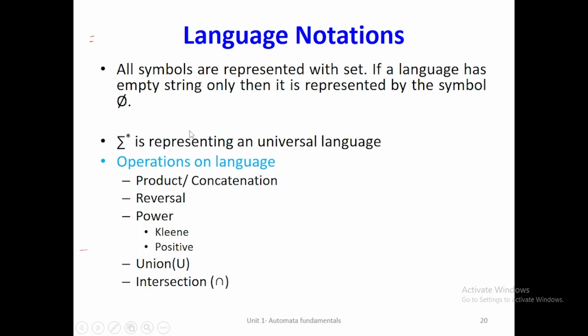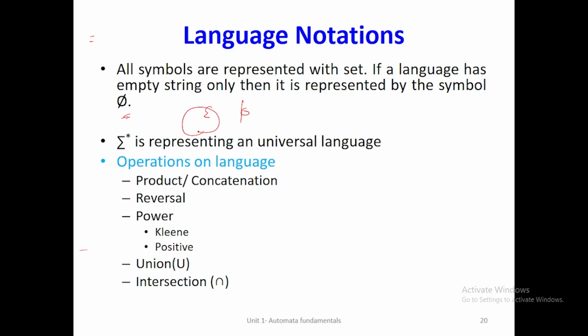If a language has no strings in a particular set, it is denoted as phi. Phi means the empty set, that is a set which does not contain even one string. So there is a difference between epsilon and phi.